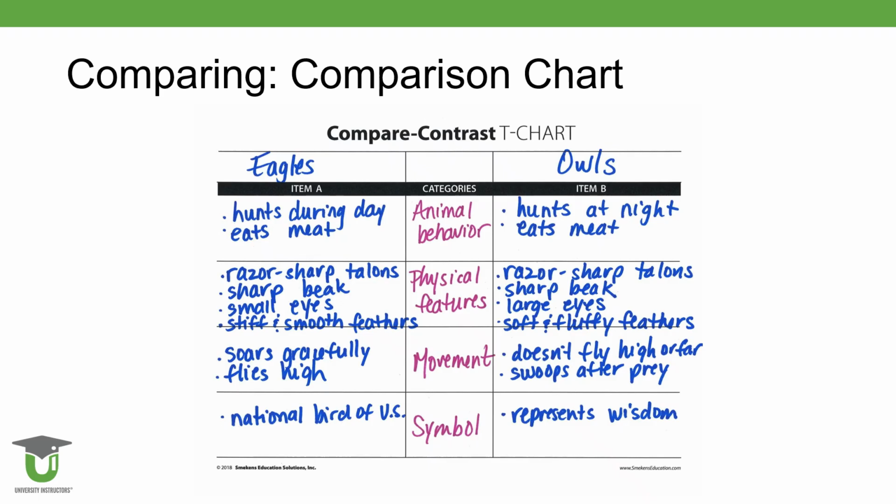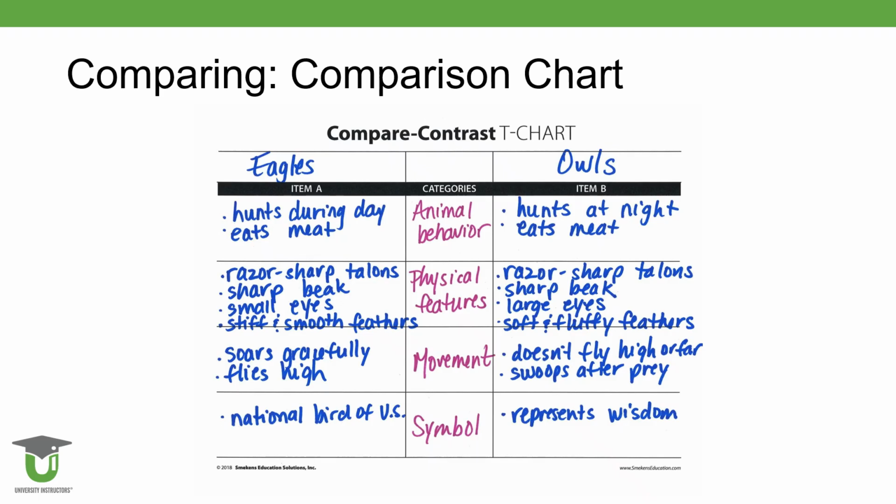This compare-contrast T-chart helps students organize similarities and differences between two items, in this case, eagles and owls, across clearly defined categories. Students identify relevant characteristics related to animal behavior, physical features, movement, symbolism, and record specific details for each animal.